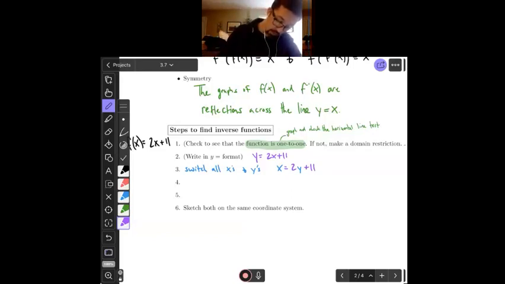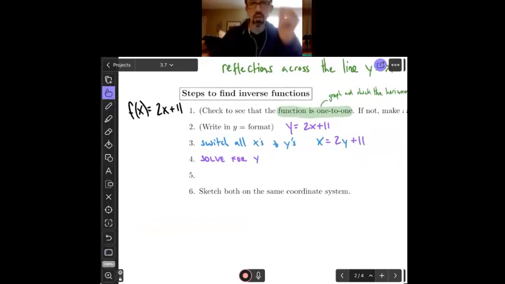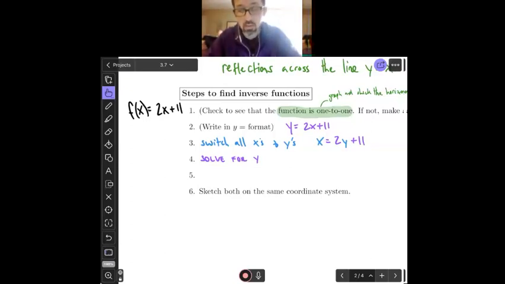Once you have it switched, you want to then solve for y. But solving is a pretty nebulous statement. It's a pretty big thing. There's lots of tools you guys have for solving. Is it just getting y by itself? Generally, yes. That's all you need to worry about: how do I get y by itself?